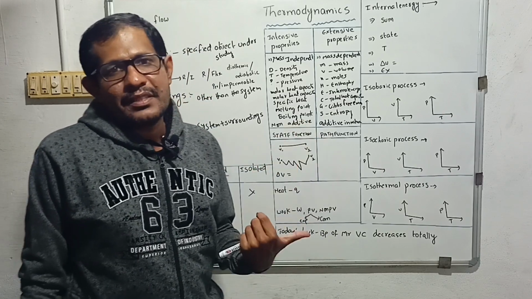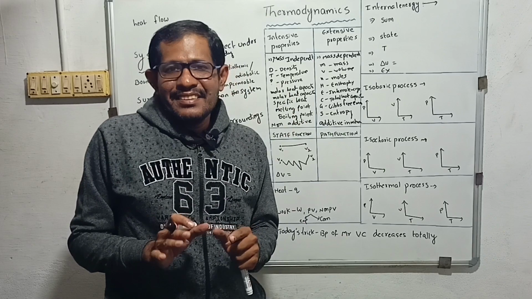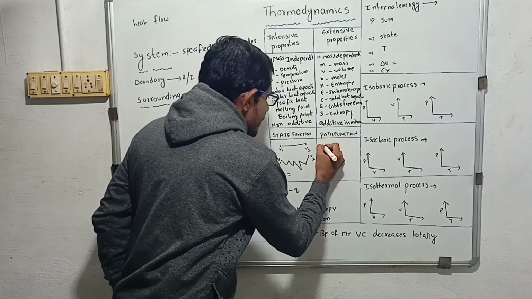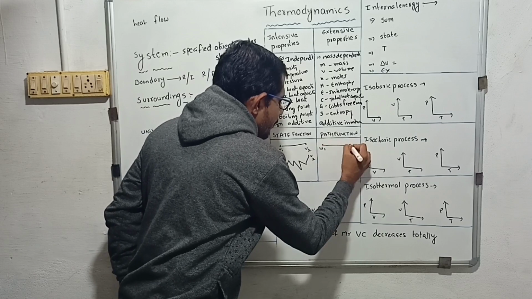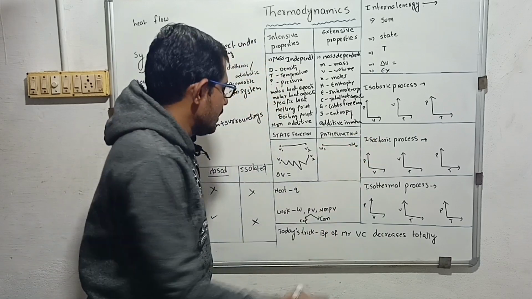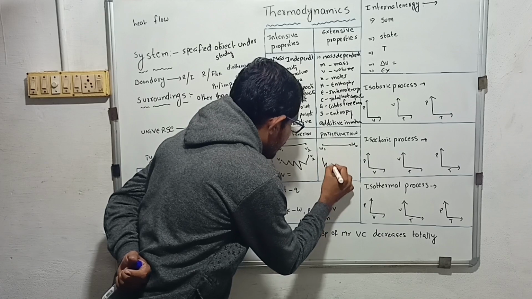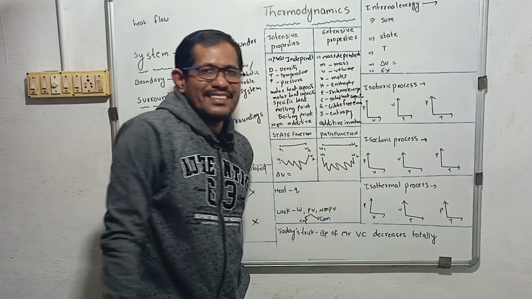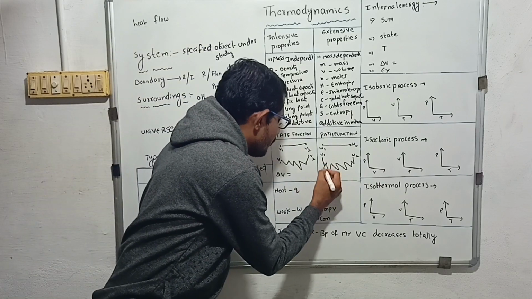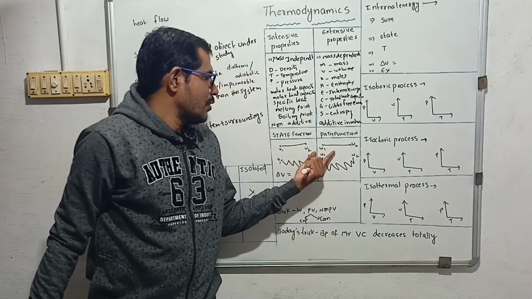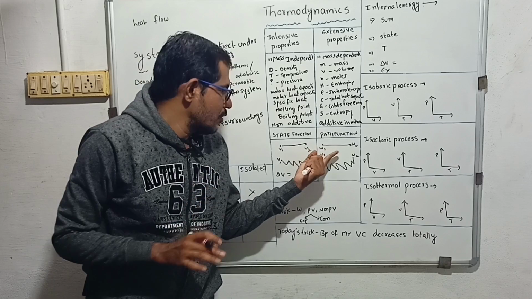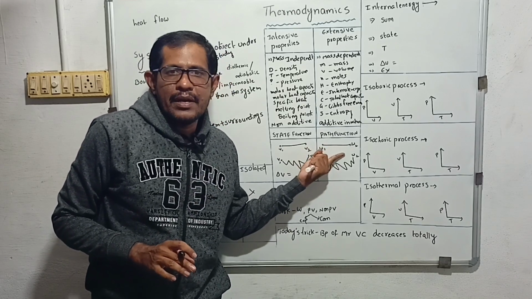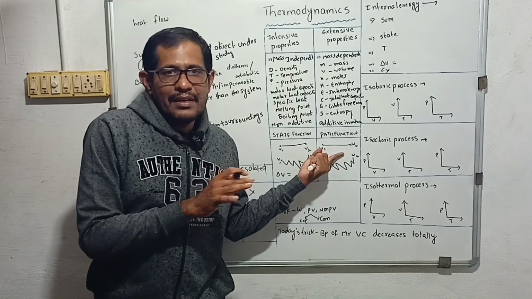If you come to the path function, it depends on the path only. For the path function, say work, W1 to W2, it happens like this. In another way, W1 to W2, it happens like this. If you take the W value, in this case it went straight, so less work is enough.